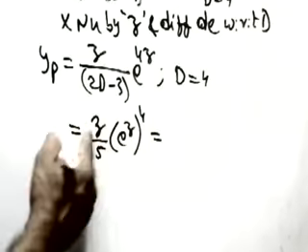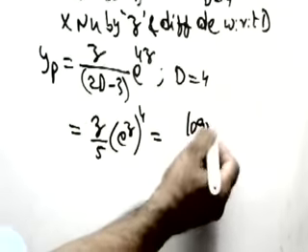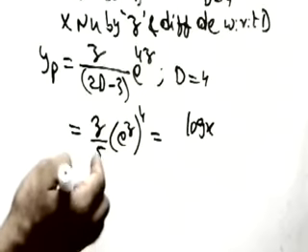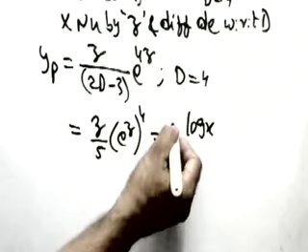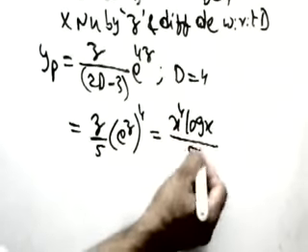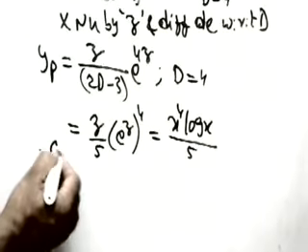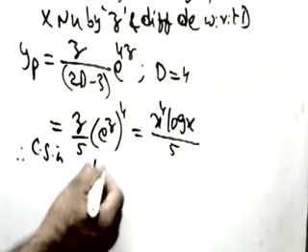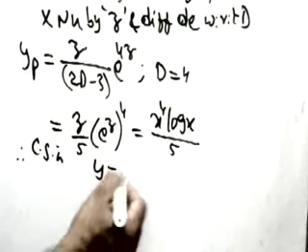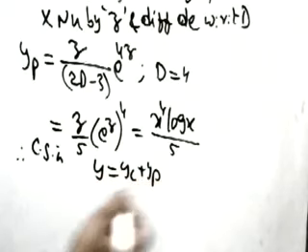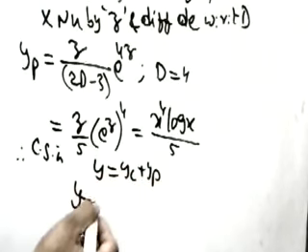Now z we have already noted as log x. E power z is x, so this will be x power 4 by 5. Now therefore the complete solution is y equals yc plus yp.